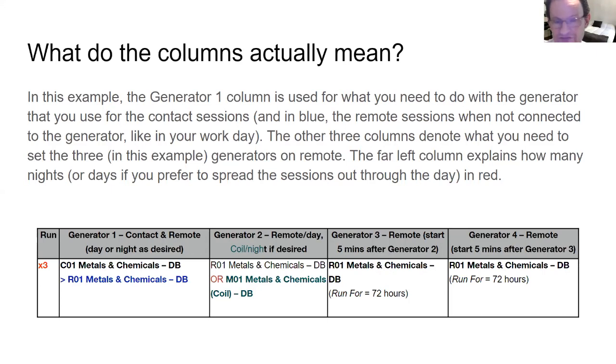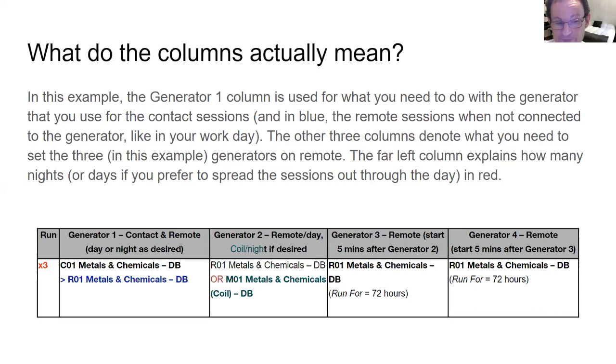So now we've got a different example so that you can understand this. On the left-hand side, first it says run times 3. So that's for 3 nights. Then you've got generator 1, which has C01, which means contact 01, the first frequency set for the terrain of contact.